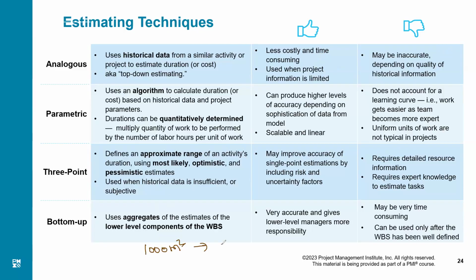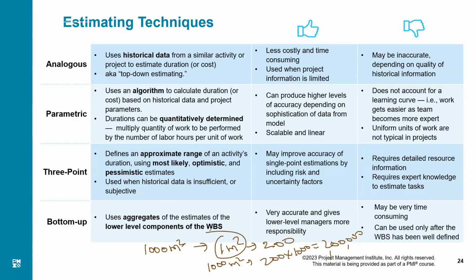My parameter is going to be 1 meter square, and I'll estimate how much it will cost. Let's say 1 meter square will cost 200 reals. That means 1000 meter square will cost 200 into 1000, 2 million reals. This is parametric estimation. What is my parameter? 1 meter square.